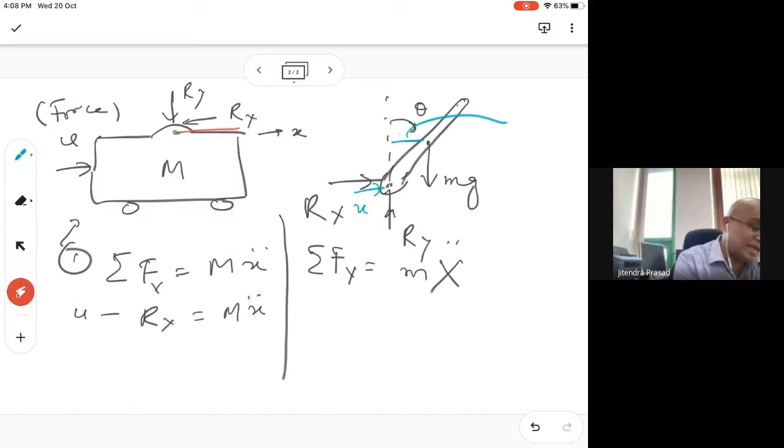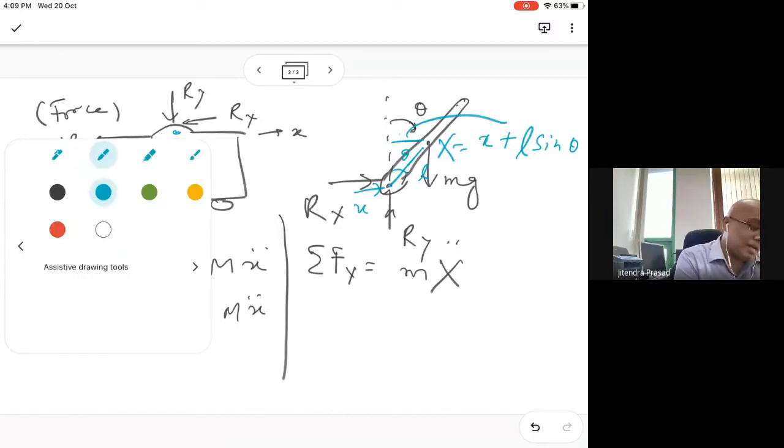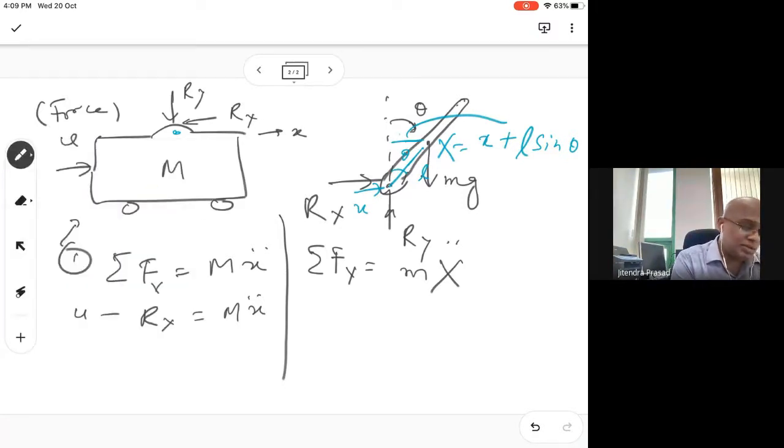If this moves by x, this will also move by x, plus this one. From here to here it's L, and this is theta. So this will be L cos theta, this will be L sin theta, right? So x plus L sin theta, which is equal to big X. So we can write accordingly that it will be equal to total forces Fx here.